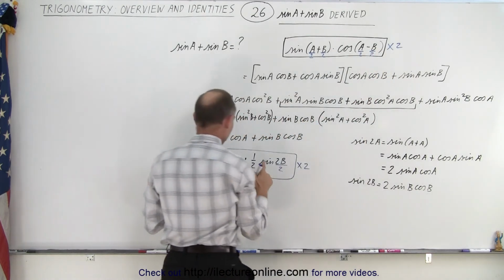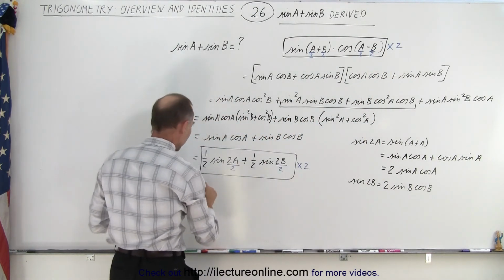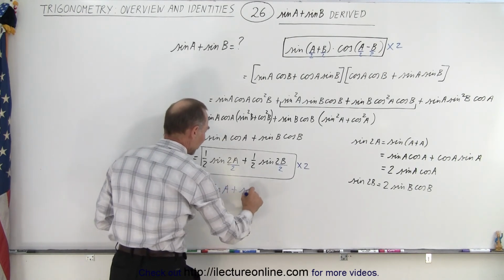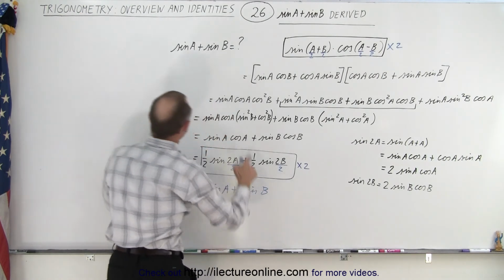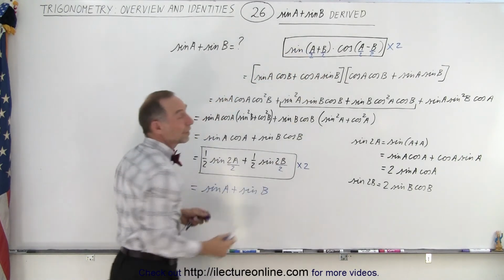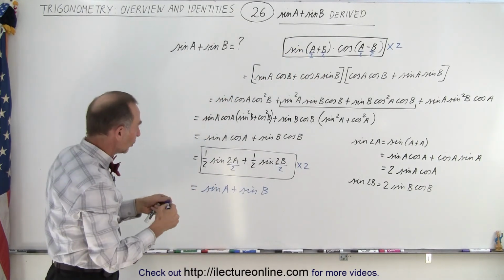And now I realize if I do that, I end up with the sine of a plus the sine of b, which is exactly what I have over there, which means that that's equal to what I have over there with the changes in blue.